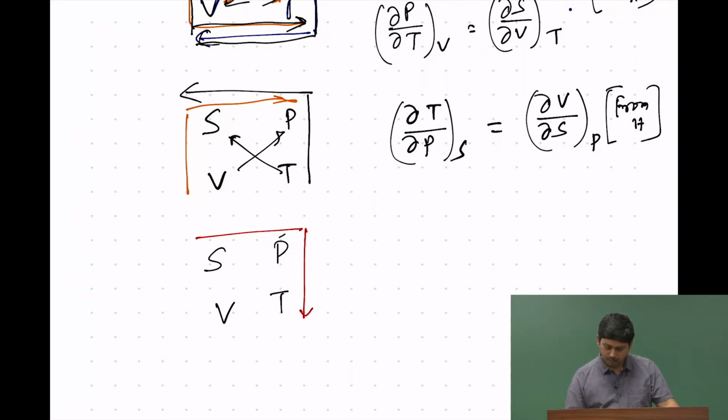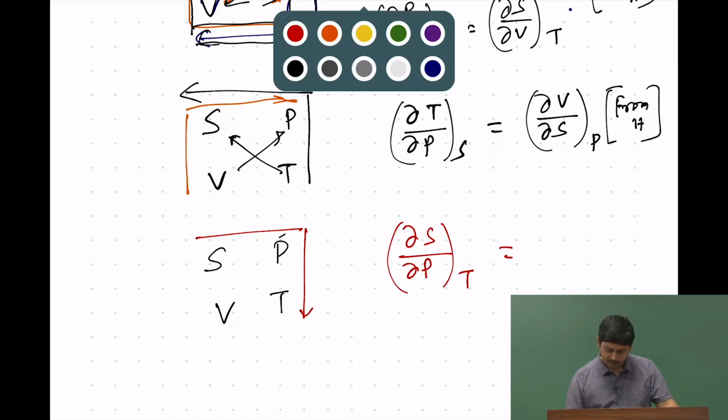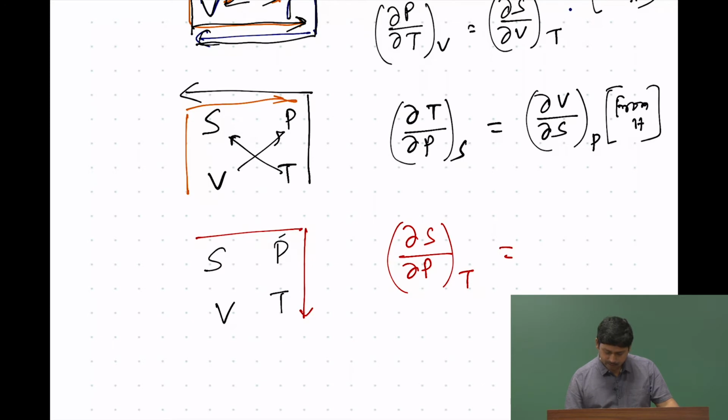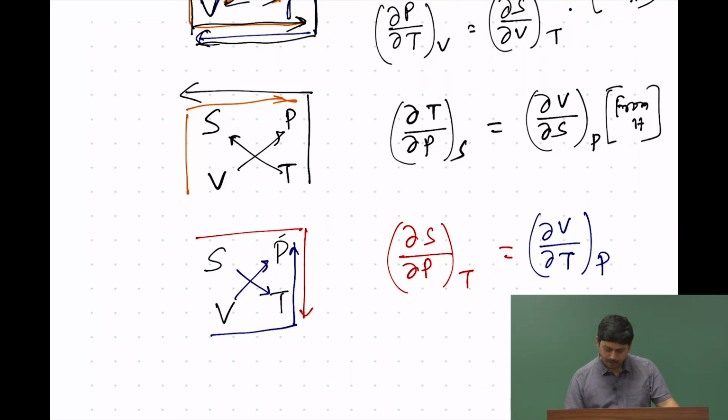So, del S by del P at a constant T is equal to, then use a different color, del V by del T at a constant P. Now, you can see that one is coming down, another is going up. So, del S by del P at a constant T will be a negative. So, this is again obtained from G.